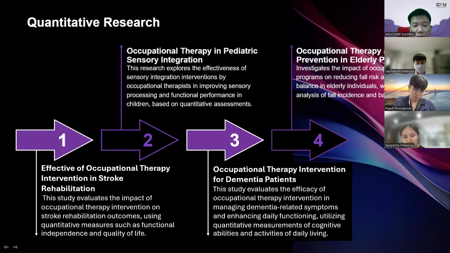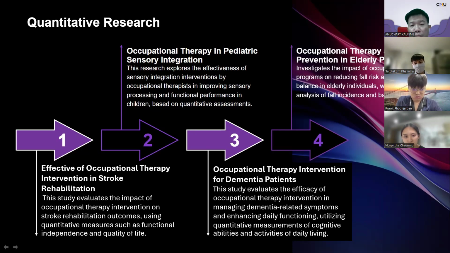Okay, the effectiveness of occupational therapy intervention for stroke rehab. They evaluate the impact of OT intervention on stroke rehab outcomes, using quantitative measures of functional independence and quality of life, maybe the WHO brief quality of life or something like that.